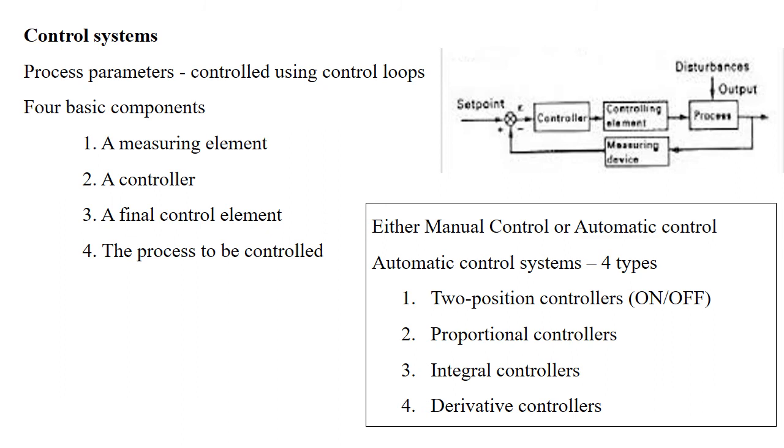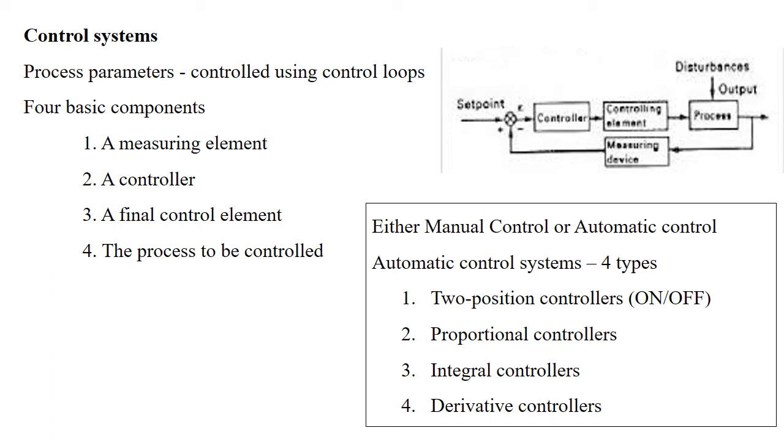In the simplest type of control loop, the feedback control, the measuring element senses a process property. For example, a pH sensor will measure the pH and it will generate a corresponding output signal. The controller compares this signal with a predetermined set point value and it will produce an output control signal.